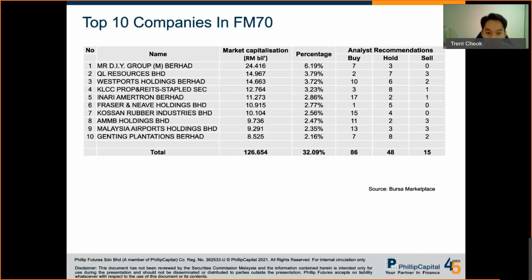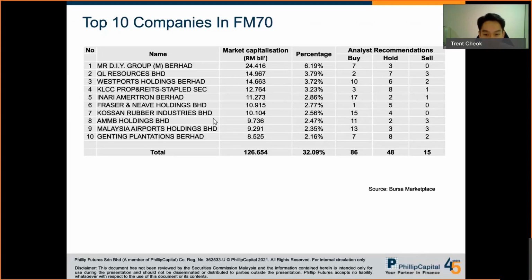And hold means the price will move within a 5% range. If it is a sell, that means within 1 year, the price will drop more than 5%. This is how the analysts provide their buy, hold, and sell calls.